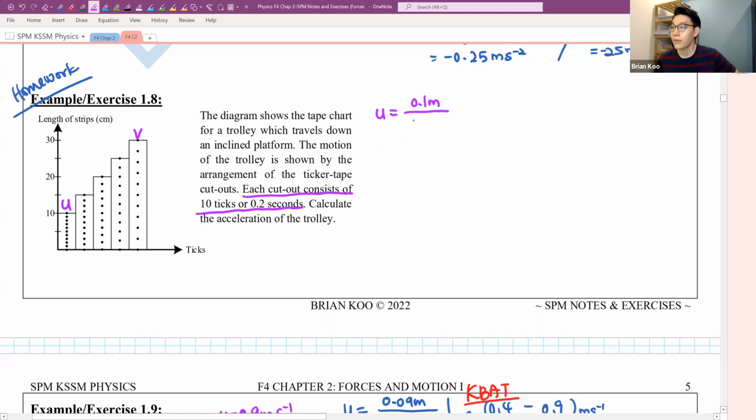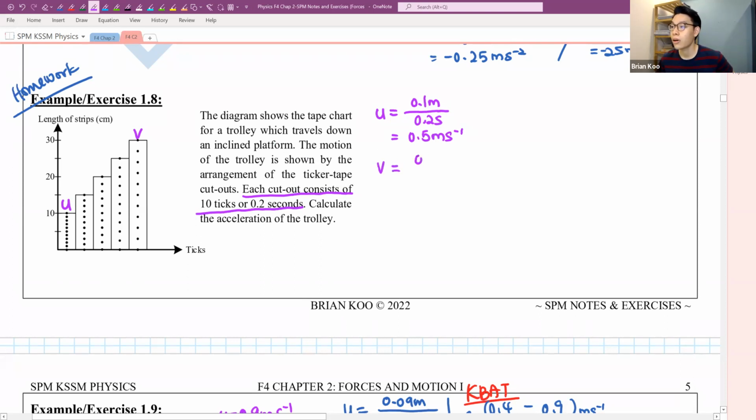So you actually don't have to go and times 10 by 0.02 yourself, right? Because they already told you each strip is 10 ticks. 10 ticks or 0.2 seconds, same. Okay, so I think you can straight away use 0.2 seconds now. So it will just be 0.5 meter per second. Okay, quick one.